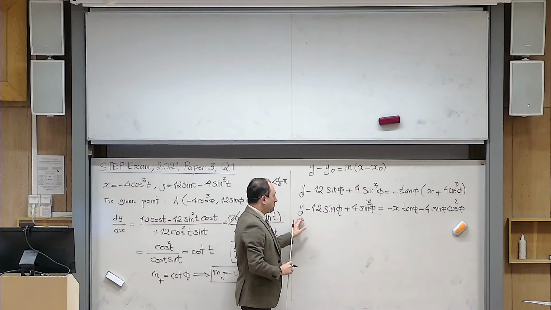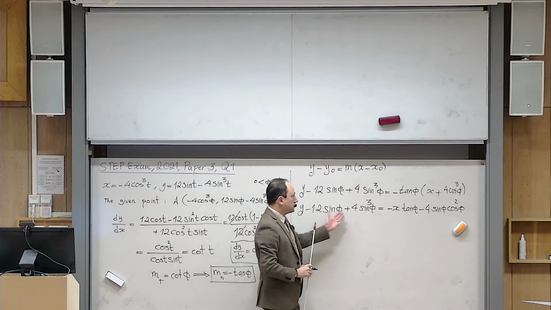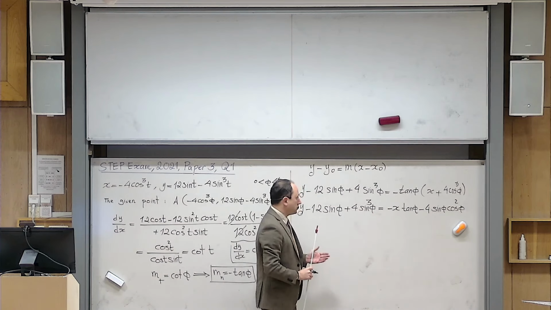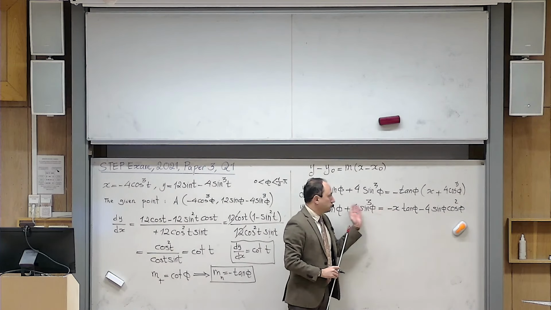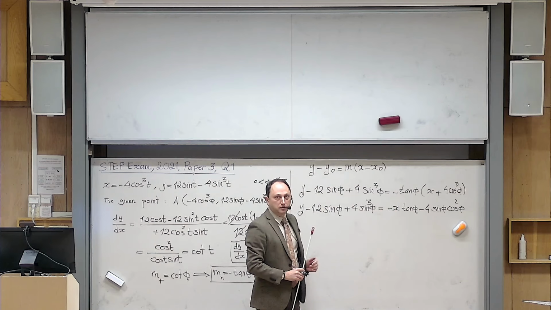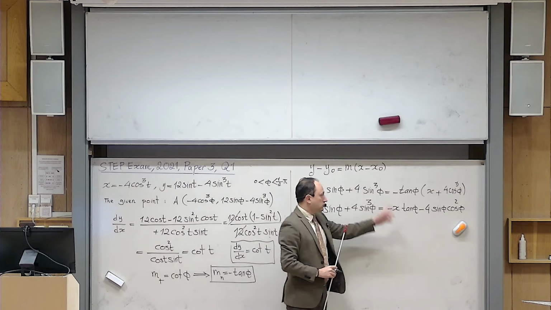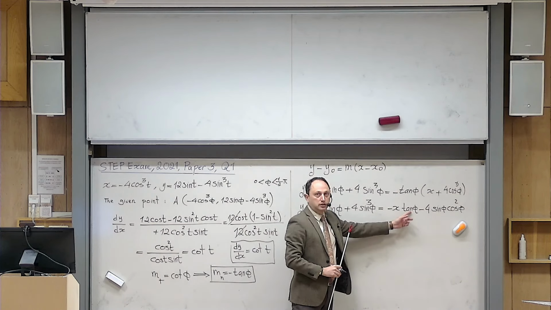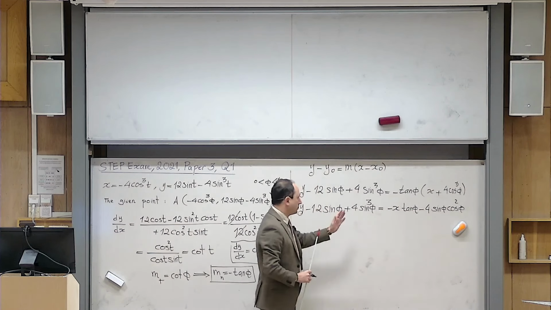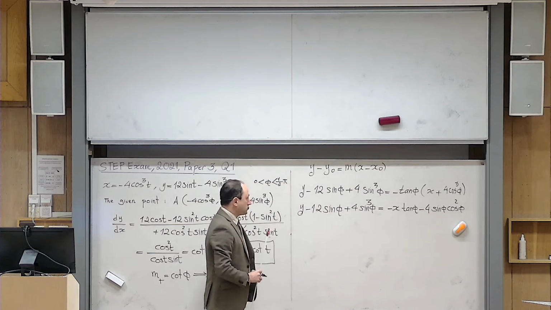So what we can do, if you want to write everything in terms of sine and cosine, I would recommend you to multiply everything by a factor of cosine. That cosine that I will multiply will turn this into a sine. Then everything will be written in terms of sine and cosine.